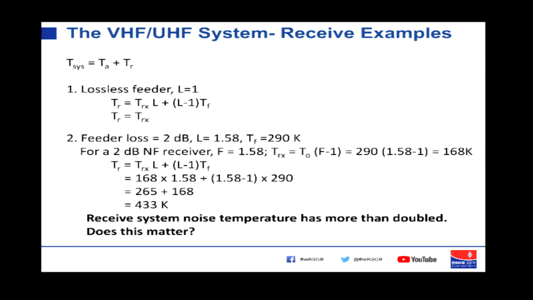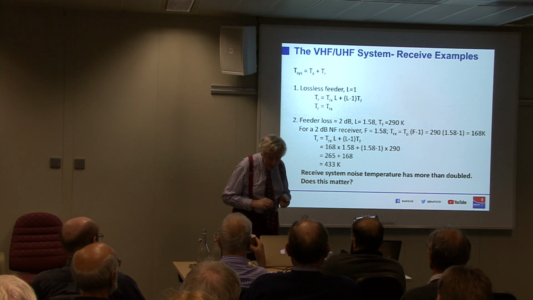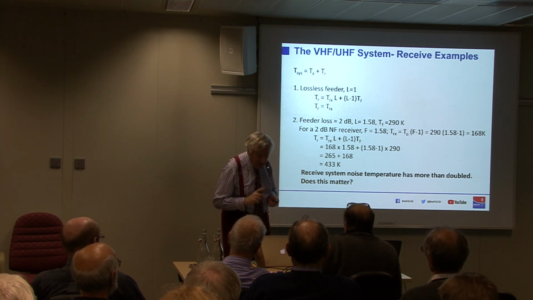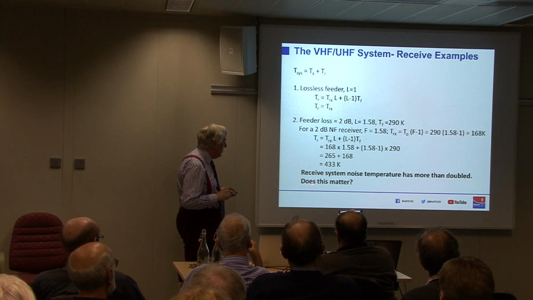Interestingly, my colleagues who do quantum type experiments, and they all work at suitably low temperatures, their equation of course looks different because their feeders taking the microwave signals into and out of the experiment are all at liquid helium temperature or below. So they don't add much of that noise there. The only one they have to worry about is the loss-related noise. And if you are doing quantum manipulation of rather tiny ensembles of electrons, you find you are a bit worried about noise. Anyhow, in my experiment, my receive system noise has more than doubled, and the question is, does it matter?